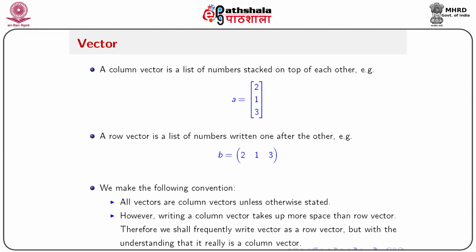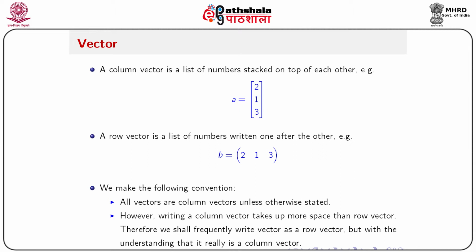A column vector is a list of numbers stacked on top of each other. For example, A equals 2, 1, 3 are the three components of the vector, a 3 by 1 vector that I have assigned here. And a row vector is a list of numbers written one after other. For example, B equals 2, 1 and 3.